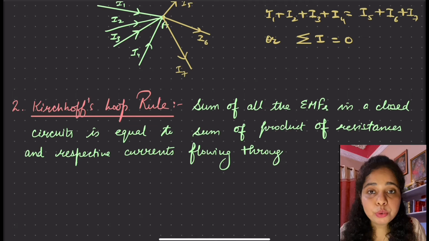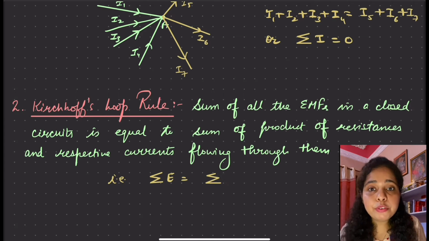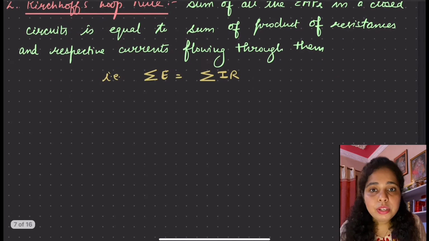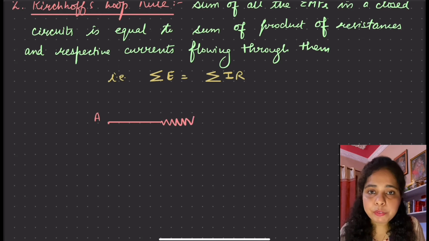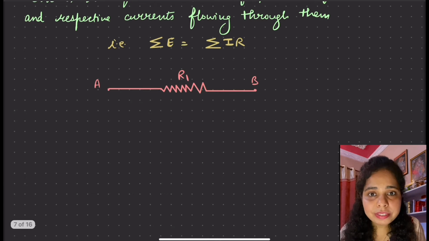That means we need to take some sign conventions. Today we are going to learn about these sign conventions, and in order to do so, we will have to consider a circuit diagram. Let us say we have a circuit such that from point A to point B, a resistance R1 is connected between these two points. Then we have a second branch, B to C, such that a resistor R2 is connected in branch BC.